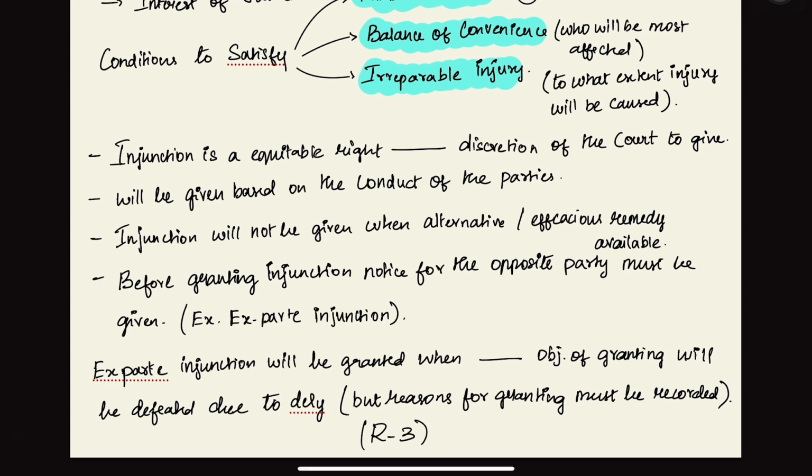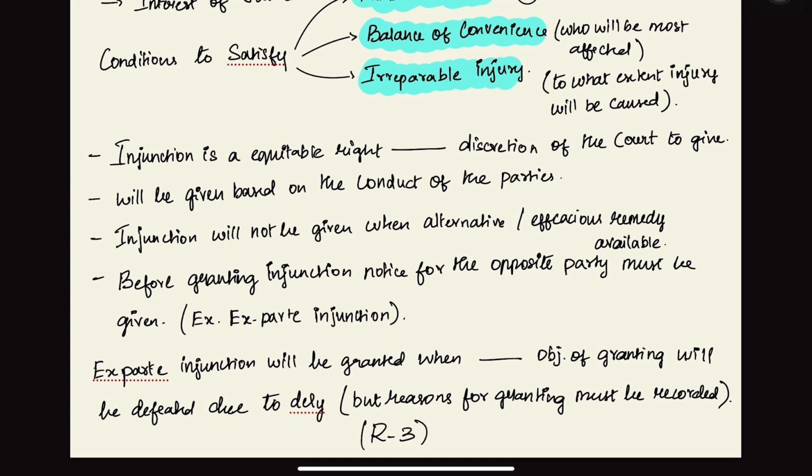And before granting injunction, notice to the opposite party must be given, right? But there is an exception for this. There is a concept called ex parte injunction. So it is an injunction as it sounds. There will be no notice given to the opposite party.